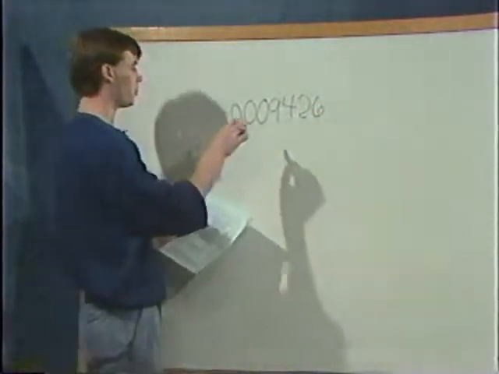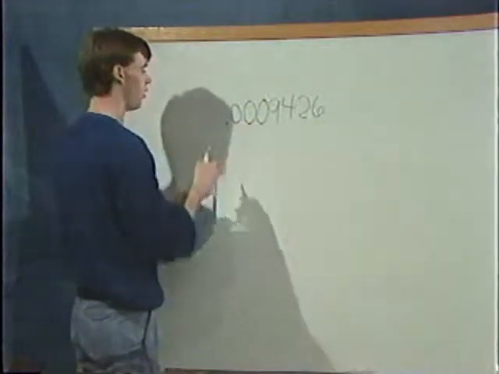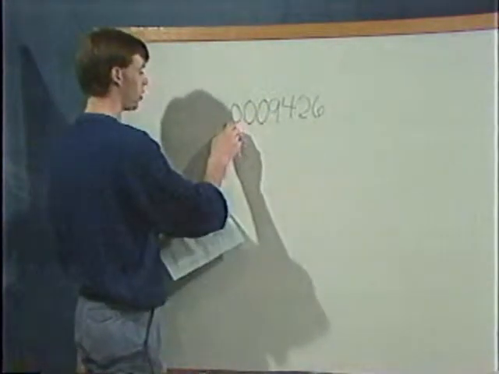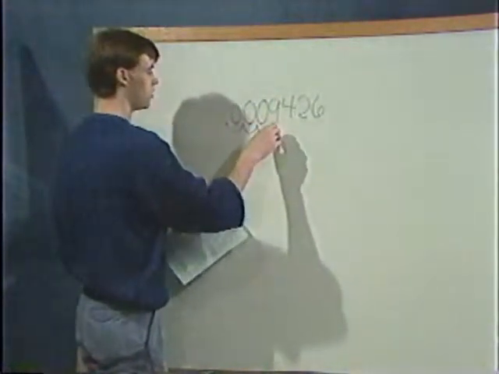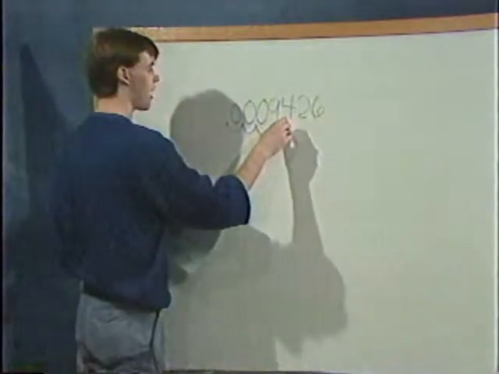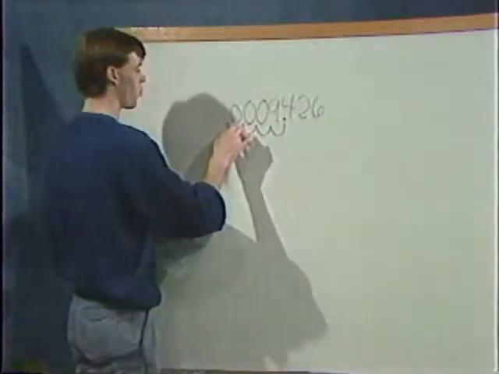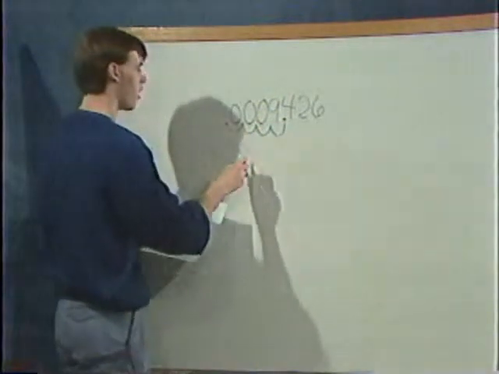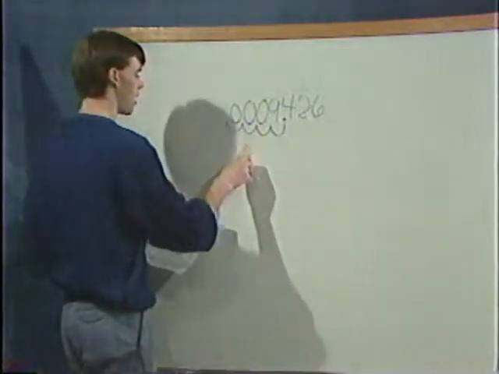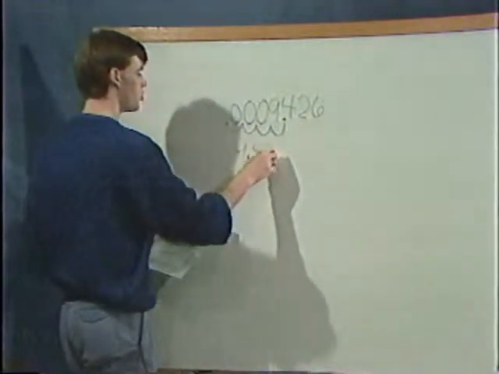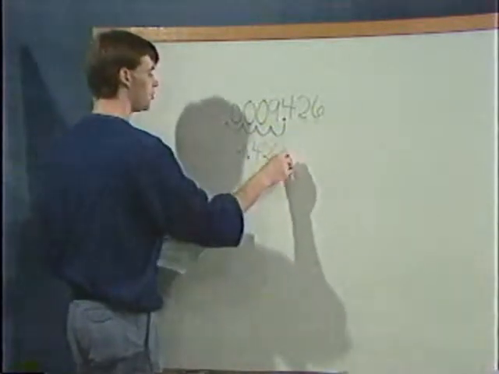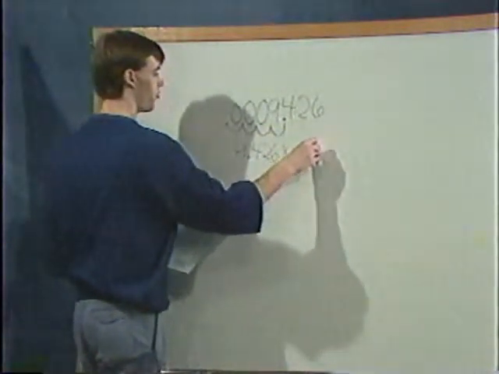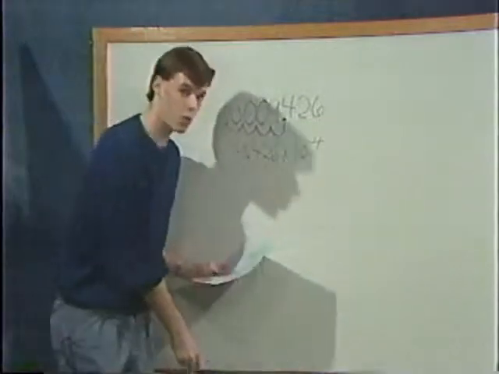The way you would work this problem is to count the number of places you would have to move your decimal point to get it behind the first number, which is the 9. In this case, it takes 1, 2, 3, 4 places. So therefore, it would be 9.426 times 10 to the -4th. I hope that answers your question.